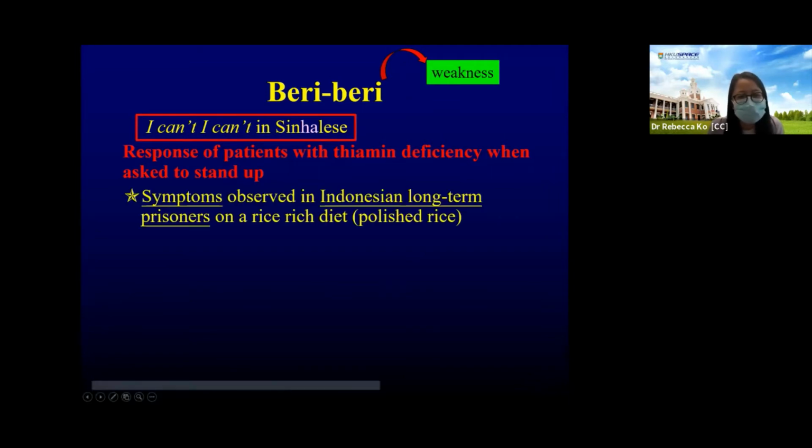What are the symptoms? Feeling very weak and loss of muscles, and these kinds of symptoms were observed in Indonesian long-term prisoners because they were treated with a rice-rich diet. The rice they were given was polished rice.